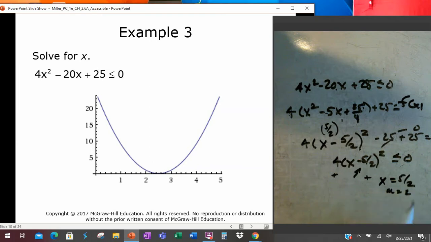Multiplicity is 2. So if I graph this thing, there's where we are, and it just touches. So the only point that satisfies this thing is x equal to 5/2, so here is my interval here. This is just 5/2.